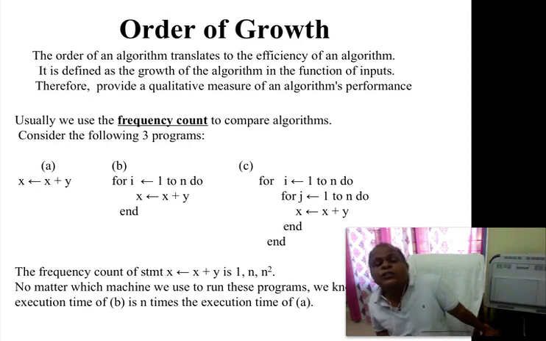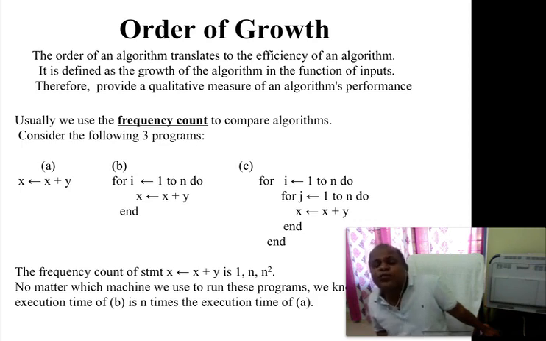Hence, as the input n increases, in the first example the addition does not depend on the value of n. The second depends on the value of n, linear in n. But the third is quadratic in n. If these three codes are used in three different algorithms, the growth of the first is constant, independent of n.